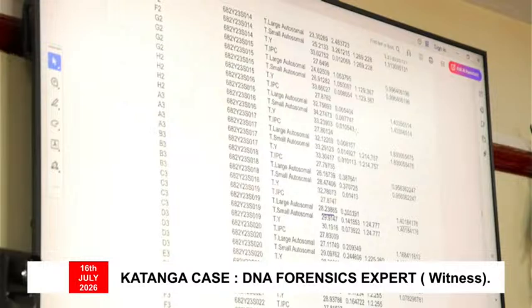Sample 1 was not contaminated. Sample 1, the reference from Henry. Yes. Page 1.